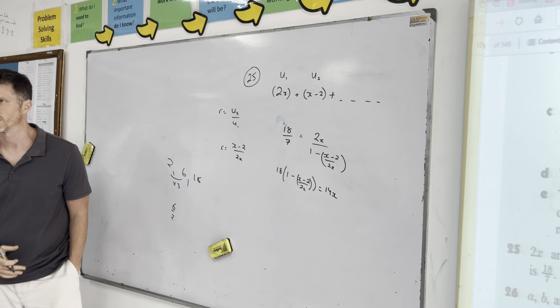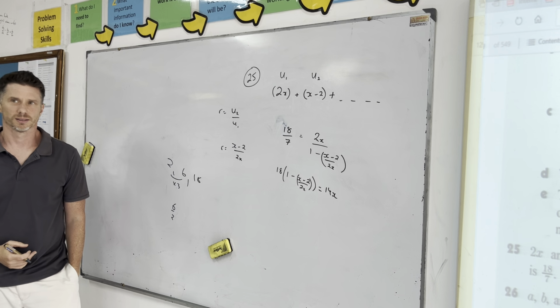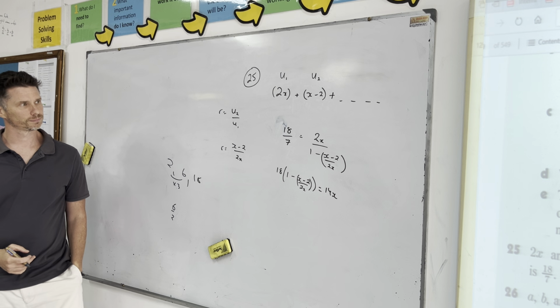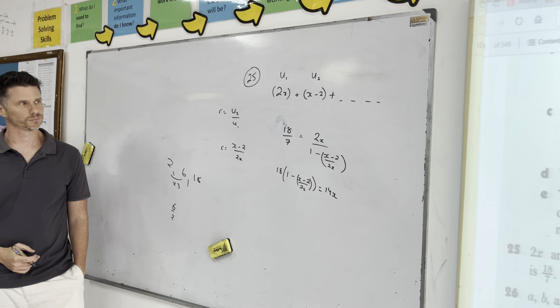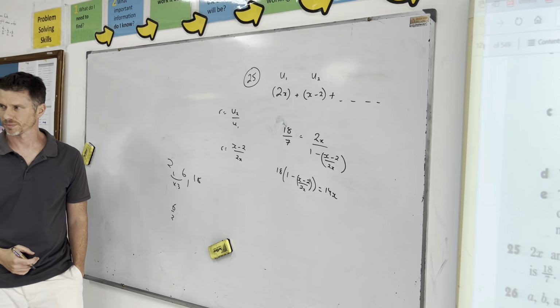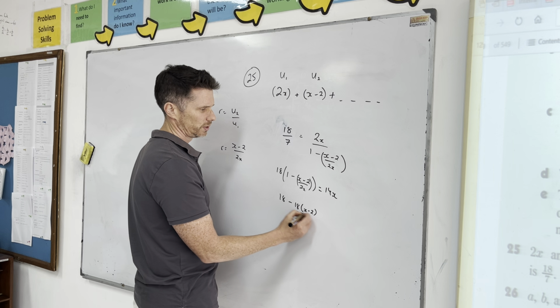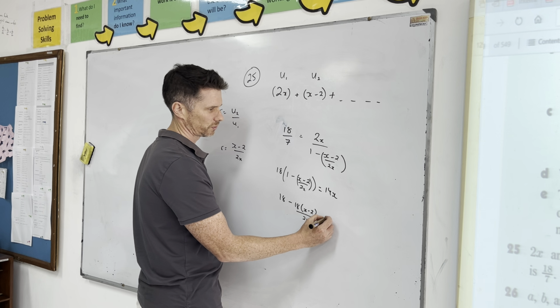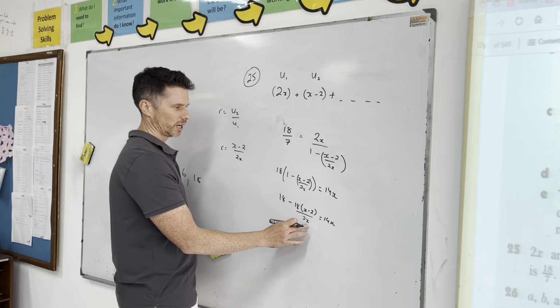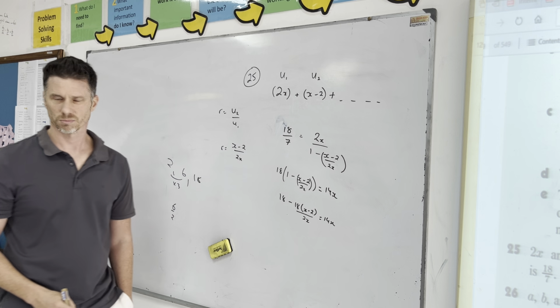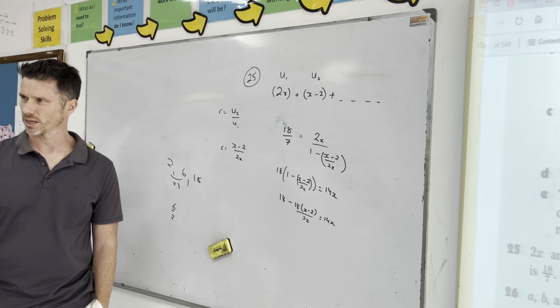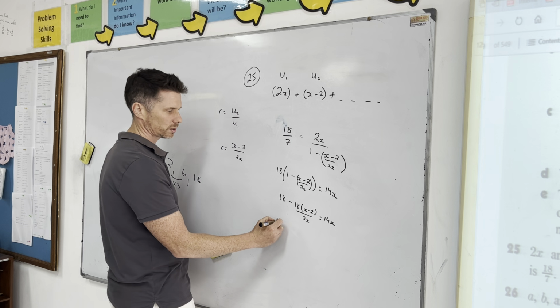This is solving algebra, how good we are. Oh my god, I messed up on the first step. Okay, so that would be 18 minus 18 times x minus 2 over 2x is equal to 14x. I'm going to get rid of the 2x, maybe multiply everything by 2x. 36x.